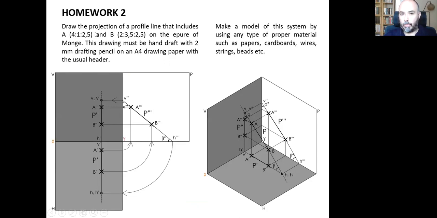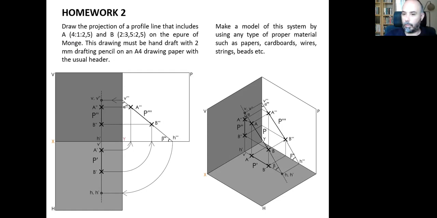I wanted you to draw the projection of a profile line with two endpoints A and B on a pair of Monge. This drawing must be hand drawn with our usual drawing tools on A4 drawing paper with the header. Also, in the second part of the homework, I wanted you to make a model of the system with any type of material that you can find at home.